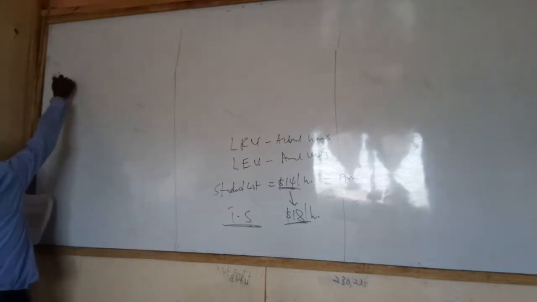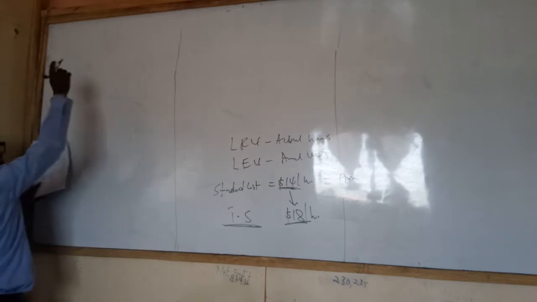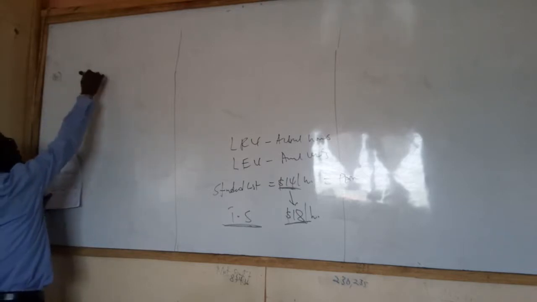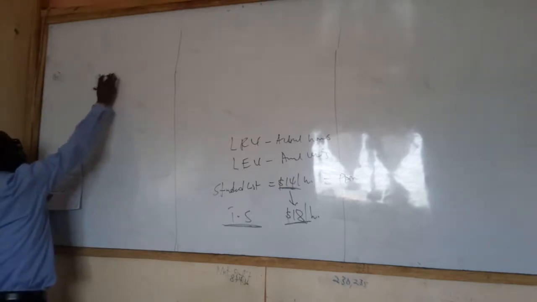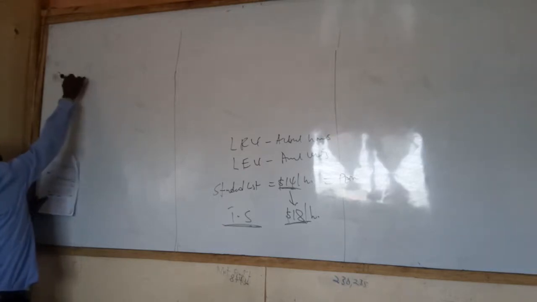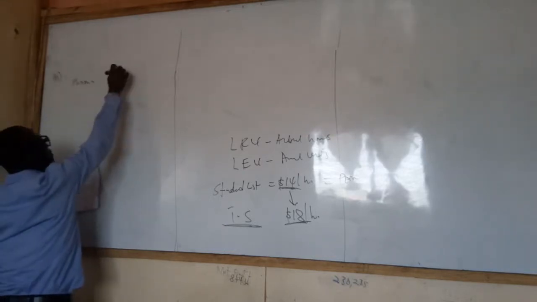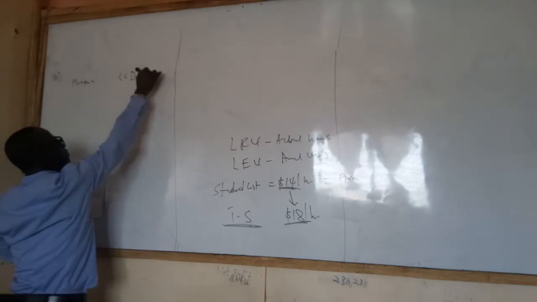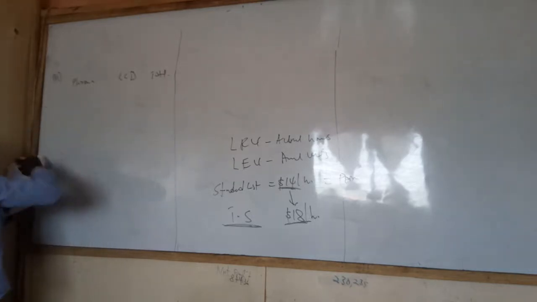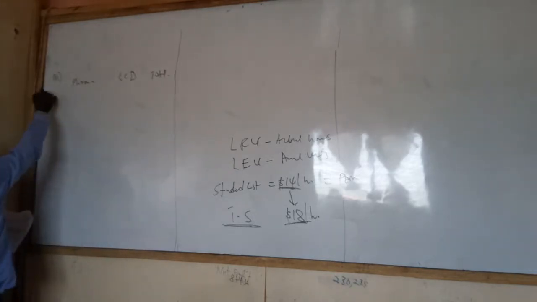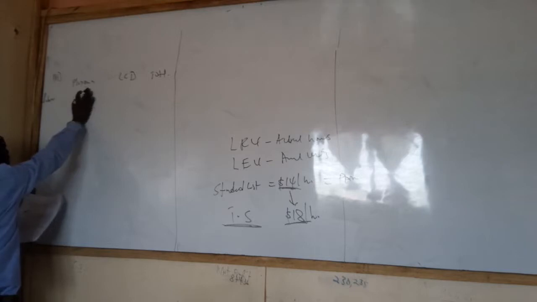So at efficiency, how many units did we produce for each of them? Let me put plasma here, then LCD here, and total here. Now, if you look at the actual units produced, labor hours for plasma: how many units did we produce for plasma? 750.